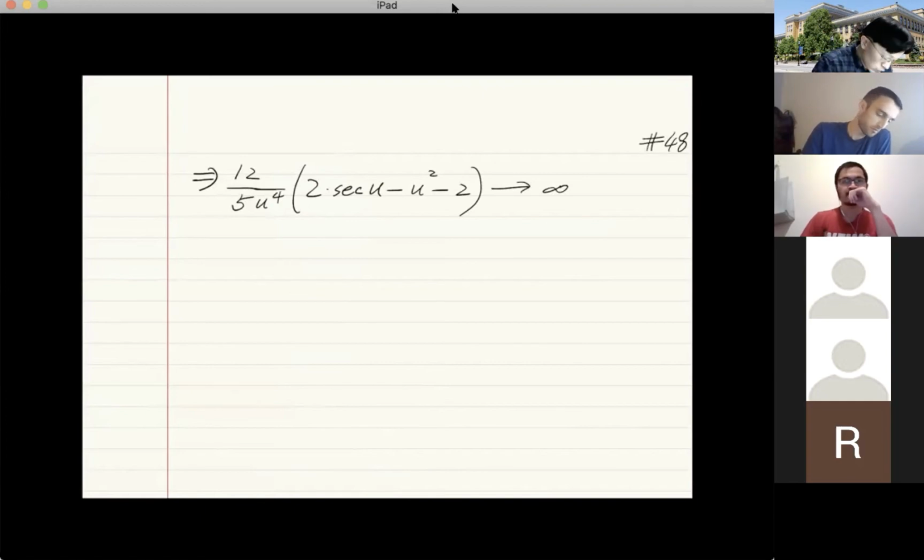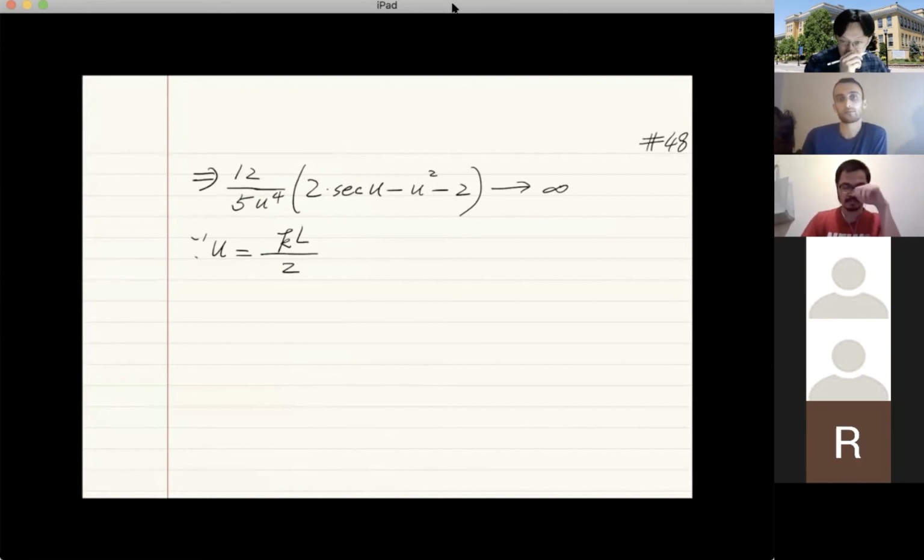Now, just recall that U is KL over 2, right? So first of all, the same argument. To make this approach infinity, this means first, this is the force, right?